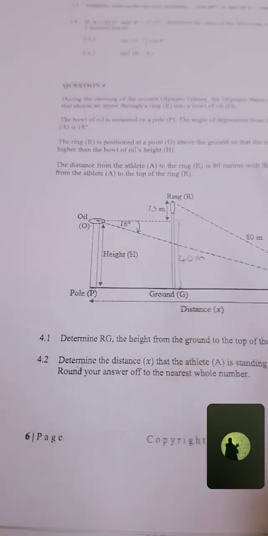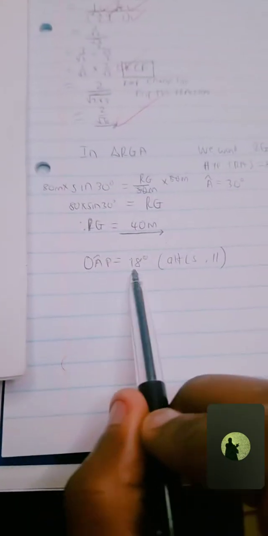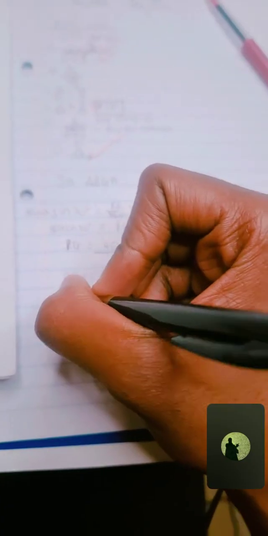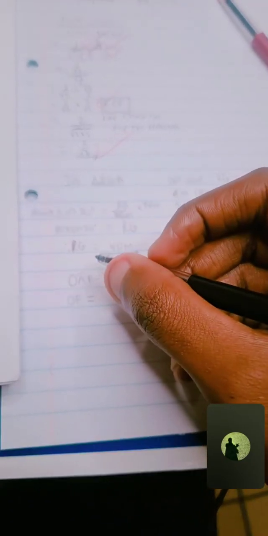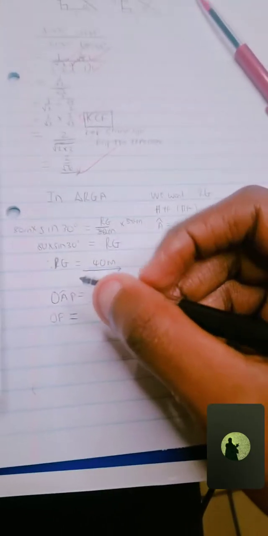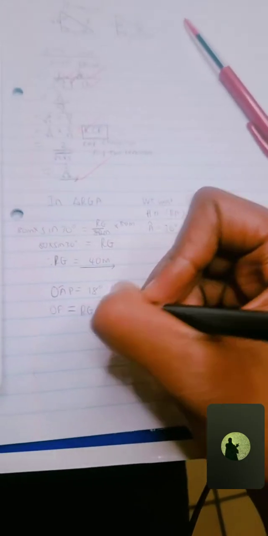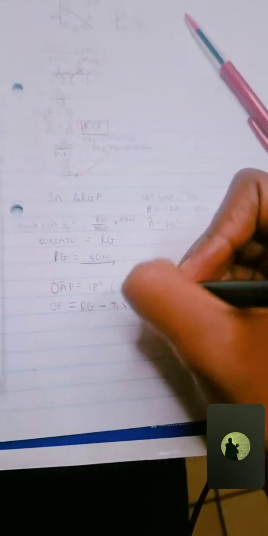So if we come here, we first got angle OAP is equal to 18 degrees. Alternate angles, lines are parallel, of course. Then we can go on and say OP is equal to RG minus 7.5 meters.